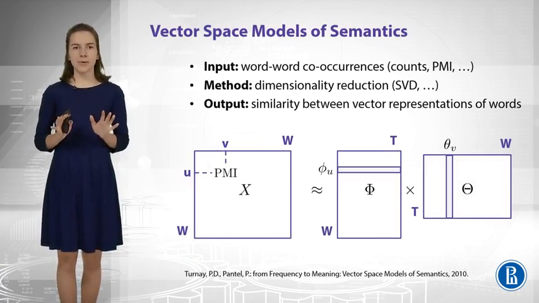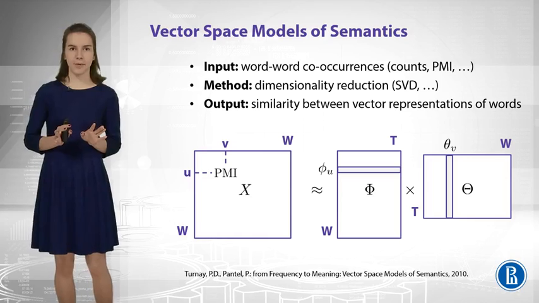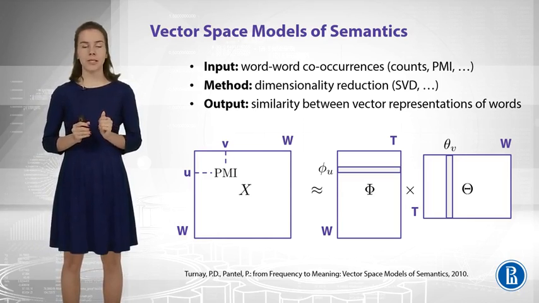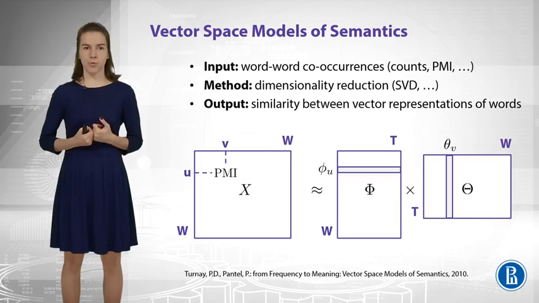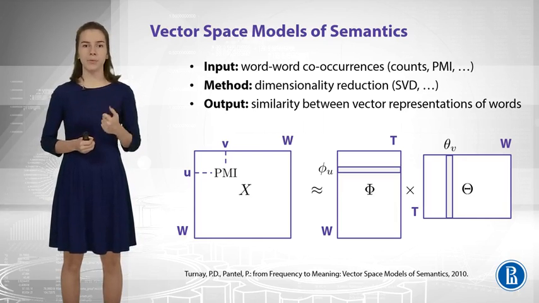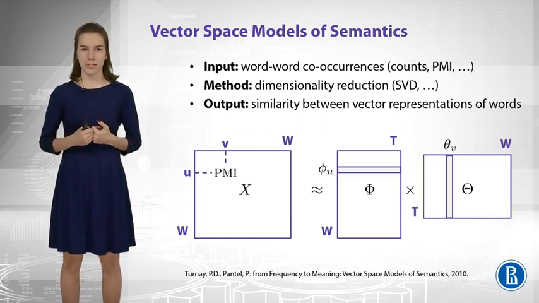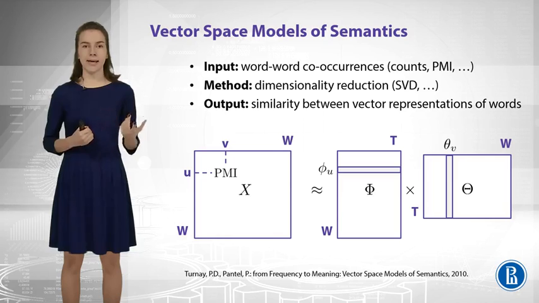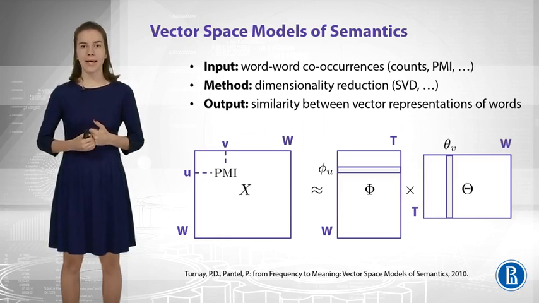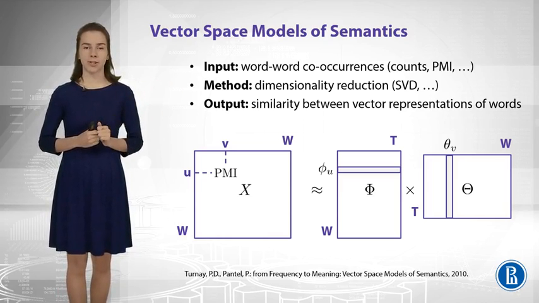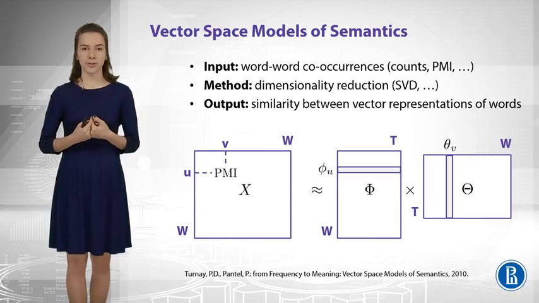Now, let us just summarize again what we have just realized. We were going to build models of distributional semantics, which means we had some word co-occurrence matrix filled with PMI values or with some co-occurrence values. And we were going to represent it with a factorization of phi and theta matrices. And then we could see that SVD can provide this for us. And you can actually see that those phi_u vector and theta_v vector would be our embeddings, our word vectors that we are interested in.